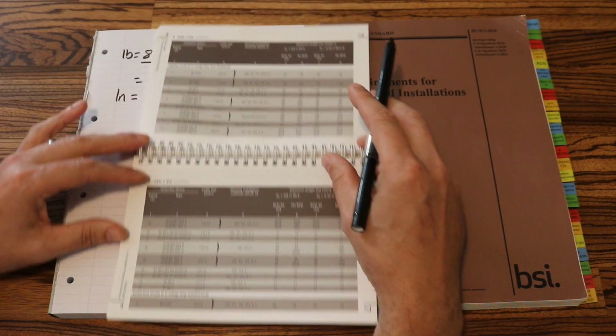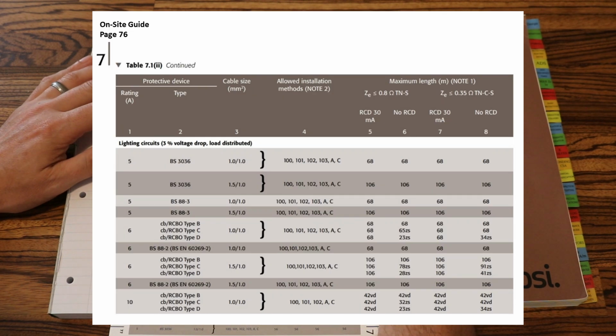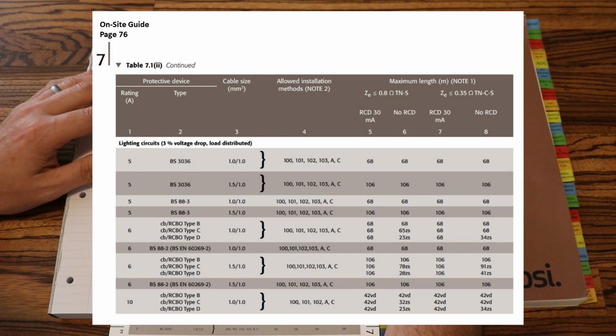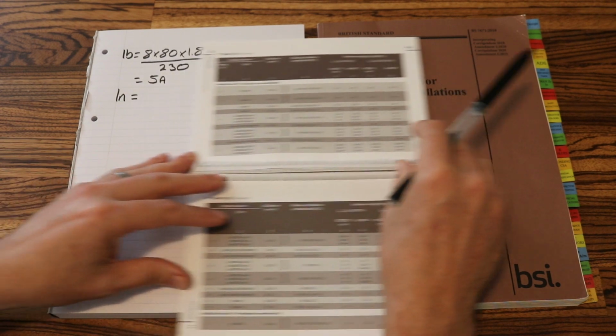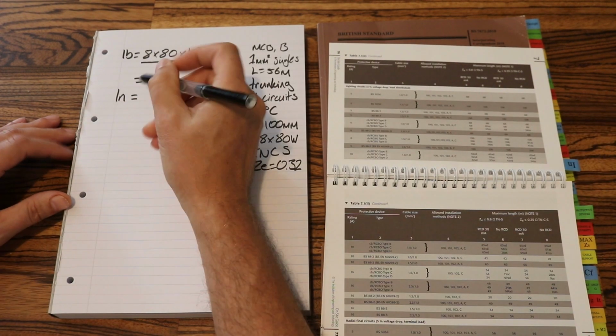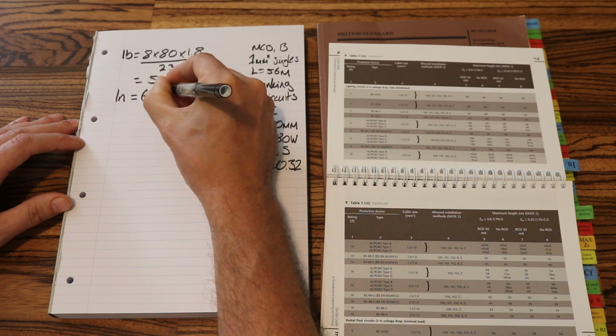So if I turn the page, oh brilliant, I've got a 5 amp here, but it says they only make a 3036 and a BS 88-3 in a 5 amp. Next up there is a 6 amp, and they do make an MCB in a 6 amp. So brilliant, that will be the one we choose. So my In is 6 amps.